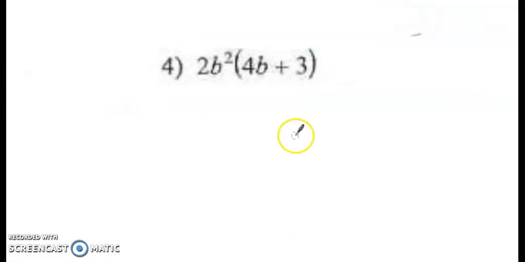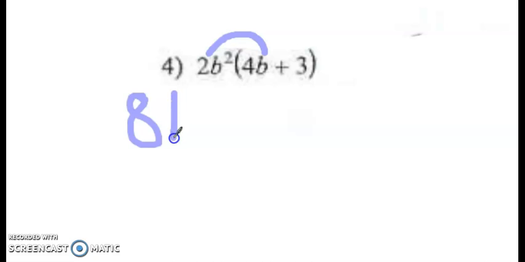The last problem we're going to do is 7.3, day 3, number 4. Again, here we're going to distribute. So we're going to multiply 2b squared times 4b. So it's 2 times 4, which gives us 8. And then a b squared and a b to the first add together to give us b to the third.